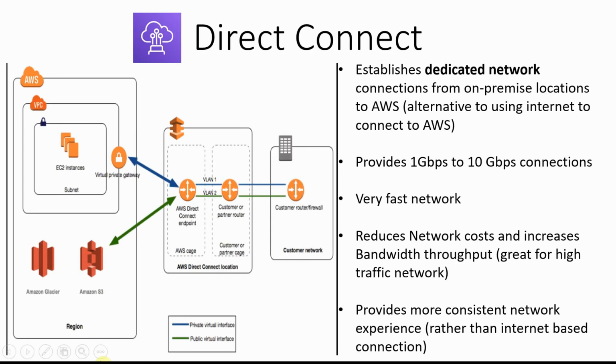On the right-hand side you have a data center, the on-premise customer environment. On the left-hand side you have the AWS public cloud, and now you want both of them to talk to each other over a private line. That is a very important keyword: over a private line, which means no internet.